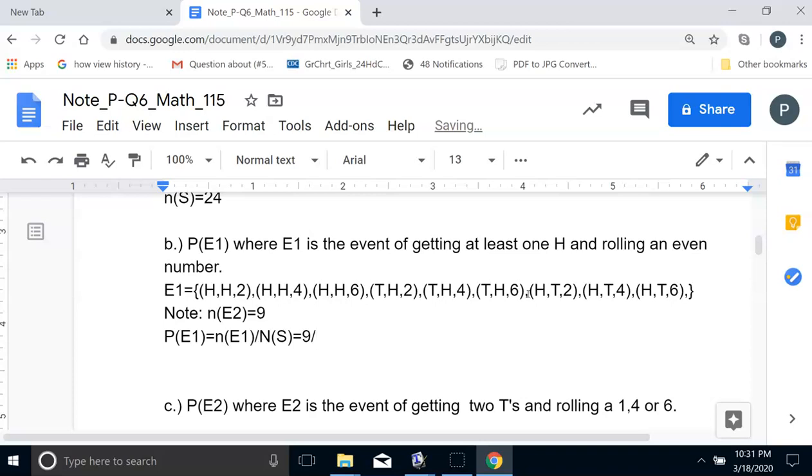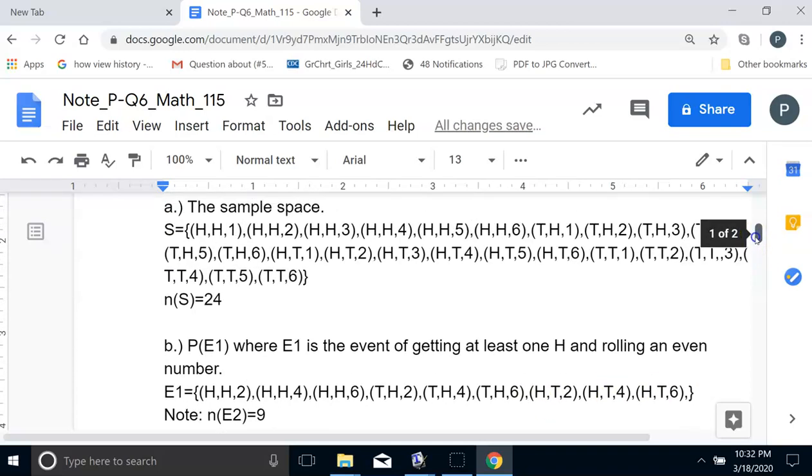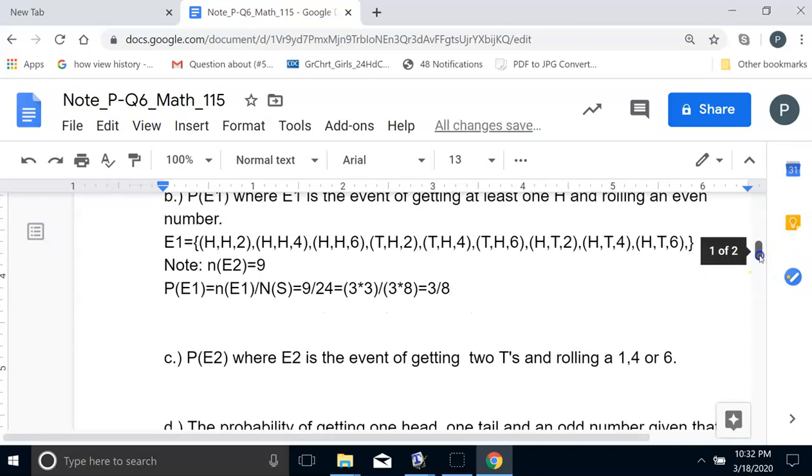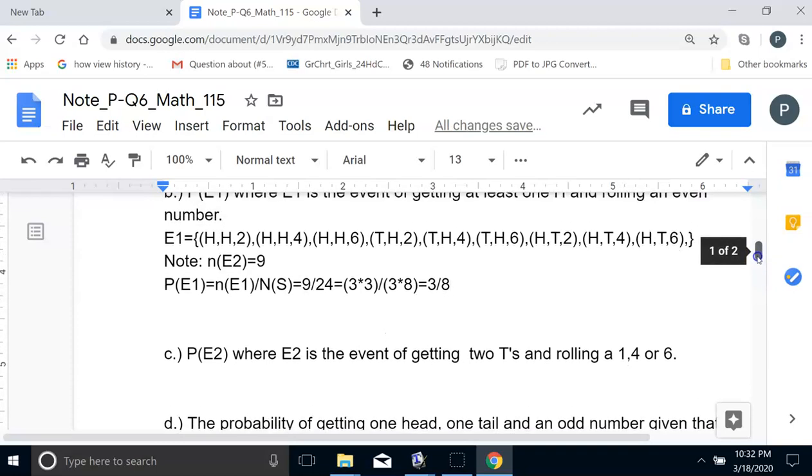We already mentioned the number in the sample space is 24. We can reduce this: 9 is 3 times 3 and 24 is 3 times 8. Crossing the 3's off, it will be 3 over 8. So there's a 3 over 8 chance that event 1 will happen. So it's almost a 50% chance. Okay, let's go on to event 2.